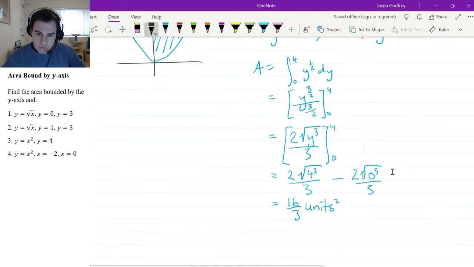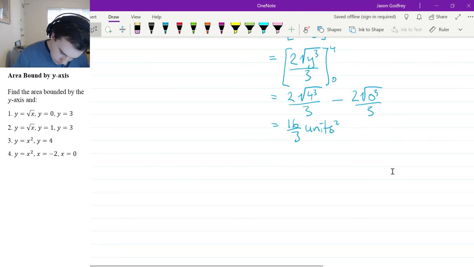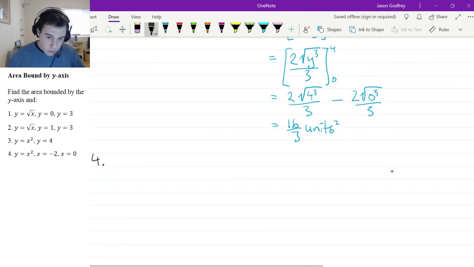Alright, question 4. What have we got? Y equals x squared.